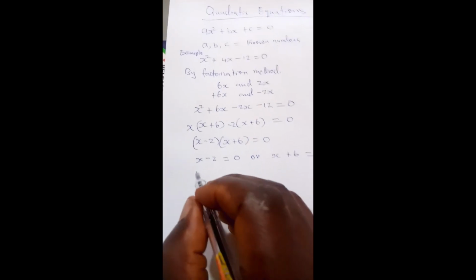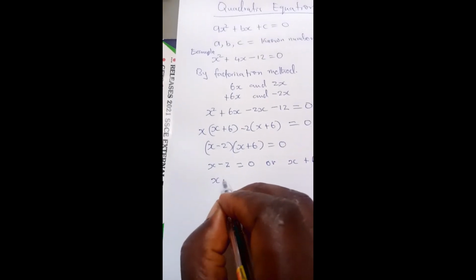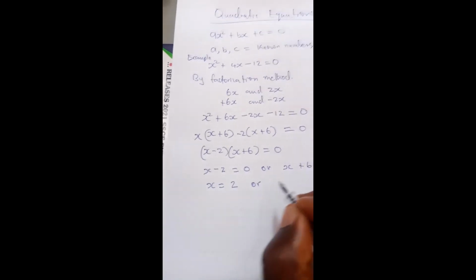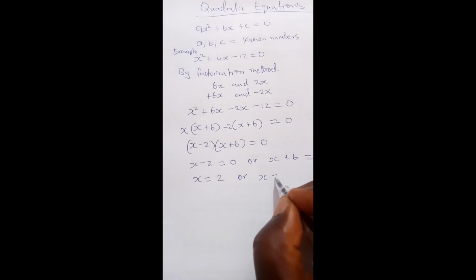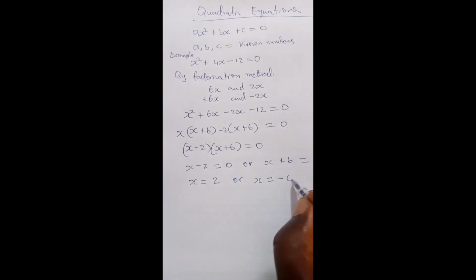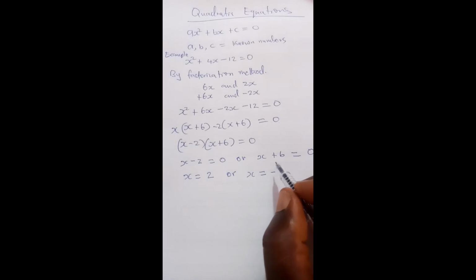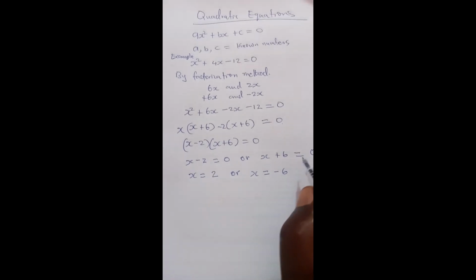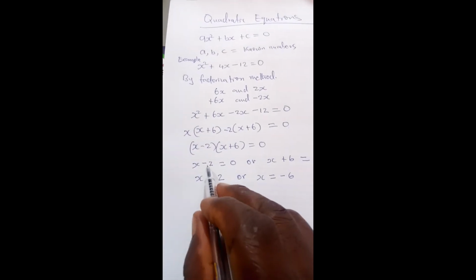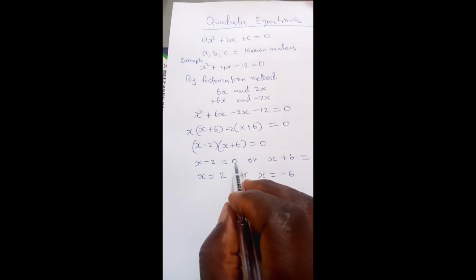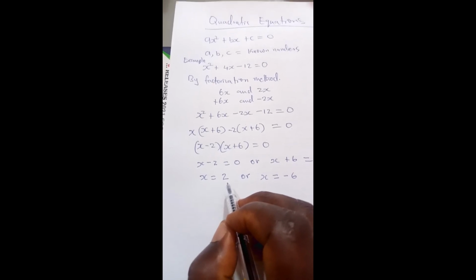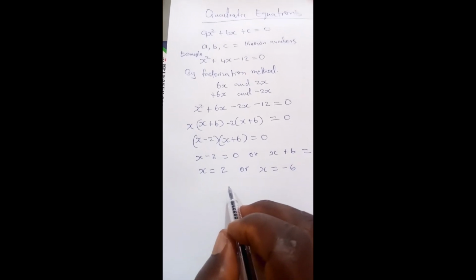Solving that means that x is equal to 2, which is positive 2, or x is equal to negative 6. Negative 6 because this positive 6 moved over the equality sign, and so you have a negative number. This one is positive because this negative 2 moved over the equality sign over to this side, and it became a positive 2. So this is the solution to your quadratic equation.